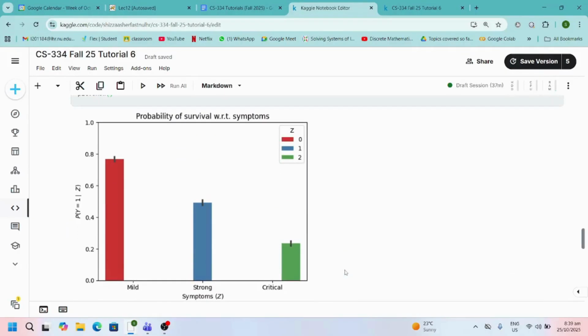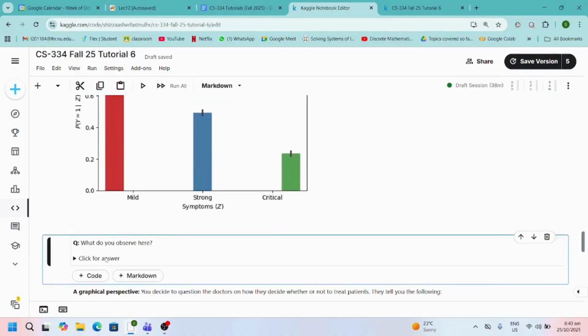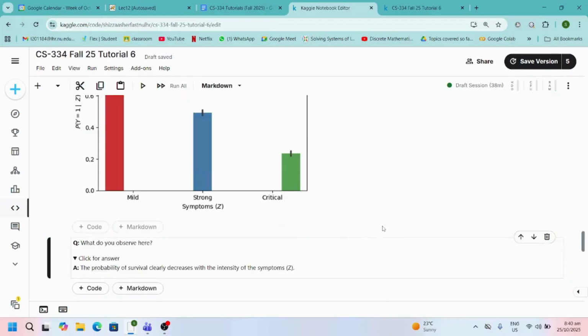Now we are looking at the probability of survival with respect to symptoms. So I can also see that as the symptoms become more severe, the probability of survival decreases. So between my three variables, now what have I observed? That, well, this is clear.